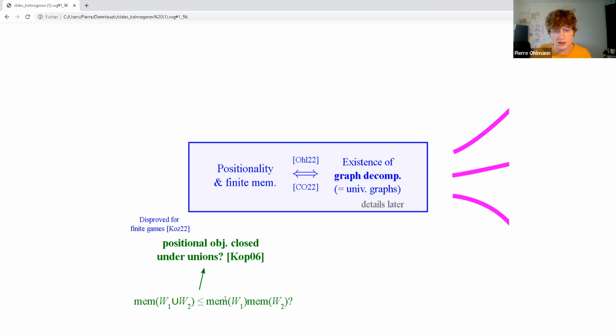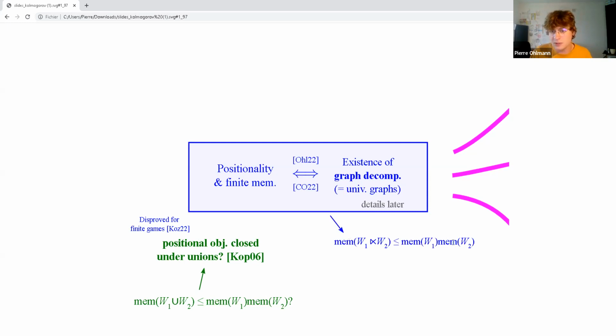This is a strengthening of this question: whether the blow-up of memory when you take a union is bigger than the product of the memories. So this is a stronger conjecture, right? This corresponds to memory 1. And this is also not known. So maybe if you want to disprove this, you can also try to disprove the more general one about memory. This is about lexicographic product.